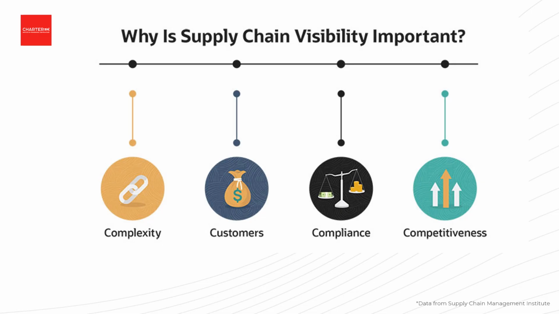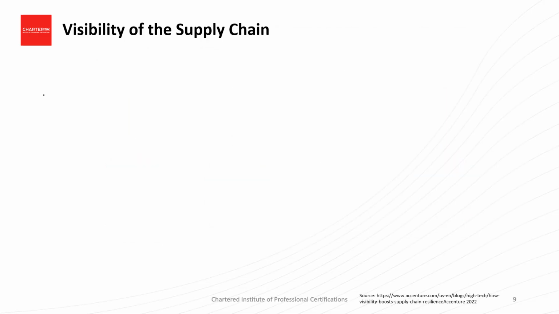Supply chain visibility assists businesses in monitoring and managing variables such as volatile currency exchange rates, extreme weather conditions, and political and social unrest, which could cause shipment delays or add to supply chain disruption. Now, this visibility is crucial for several reasons.